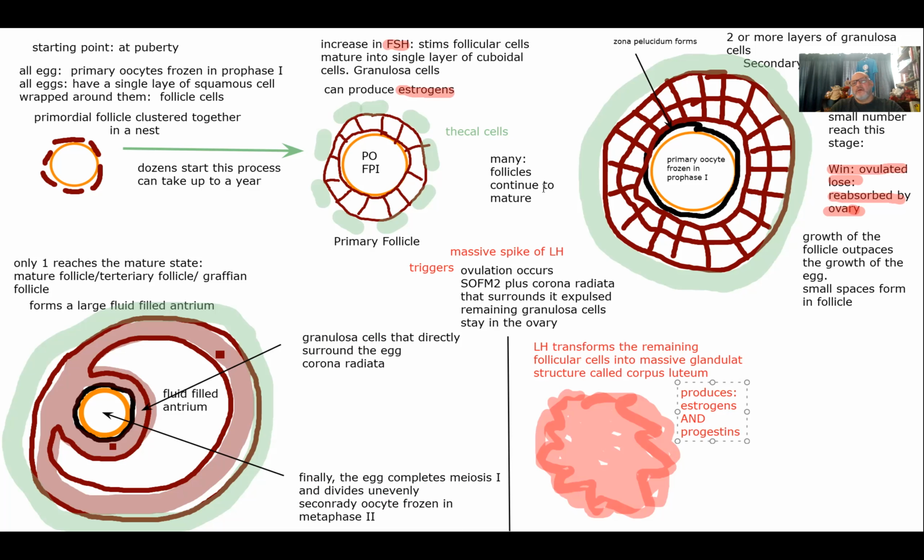Now, what happens in time is that the amount of luteinizing hormone decreases. And as luteinizing hormone decreases, we cannot maintain the corpus luteum. And so the corpus luteum starts to shrink.